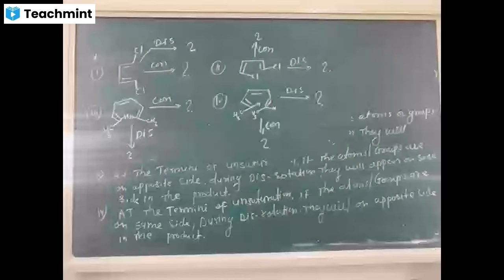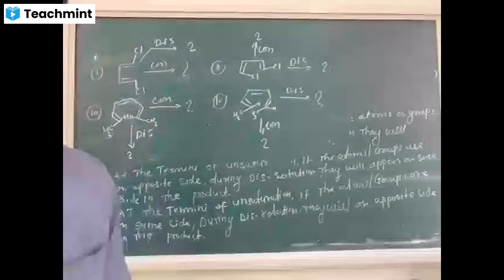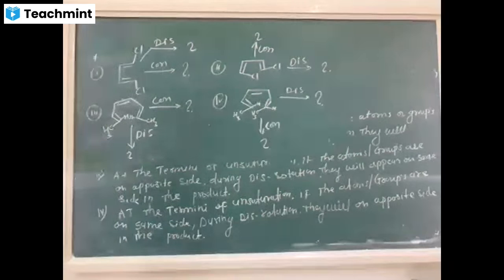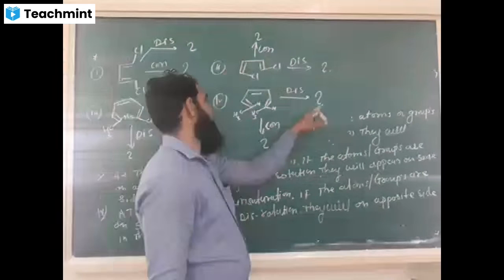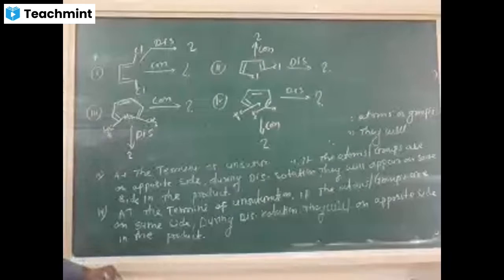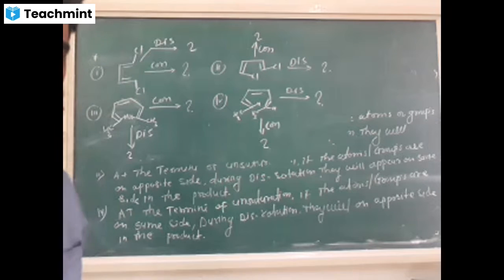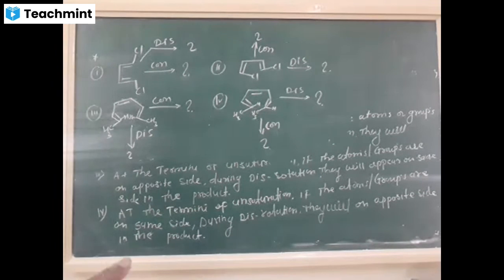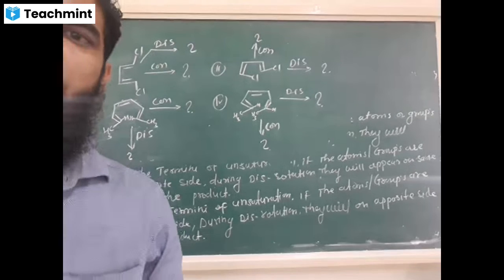Product. In every case, both the rotations will take place. You have to write the answer. So you will get 1, 2, 3, 4, 5, 6, 7, 8 answers over here. Okay, we will stop here. We will meet in next lecture. Try to solve this example. Thank you very much.